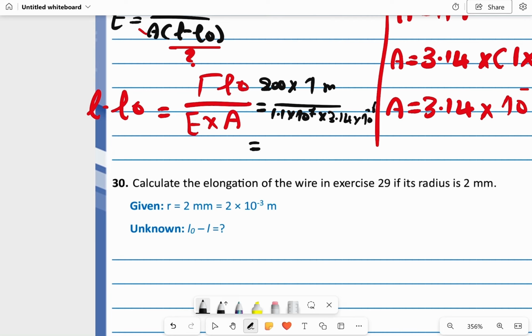Calculate all of this and you will get 5.8 times 10 to the power of minus 5. What's the unit? Careful. Meter, because it's length.